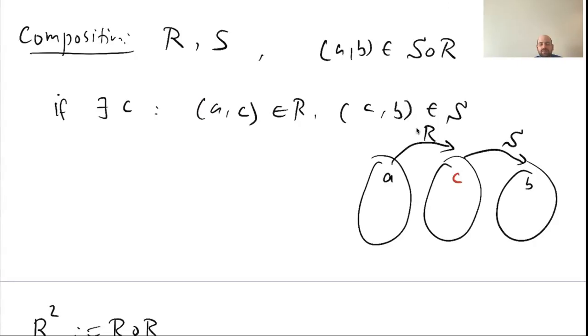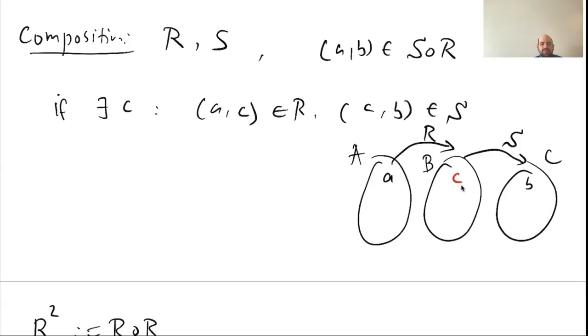So if I call this set, for example, A, and this set B, and this set C, then I have a relation R which goes from A to B, and a relation S that goes from B to C. Now, if I want to go from A to C, the relation would be S∘R. S∘R means first you have to find the action of R and then the action of S. So when can I say that some element of the form (a, b) is in S∘R?